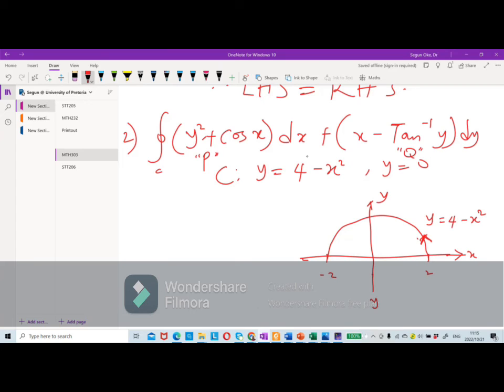So we can say that the dQ/dx is what? The dQ/dx, a smart student. 1. Correct.